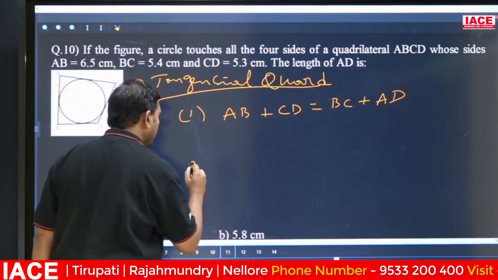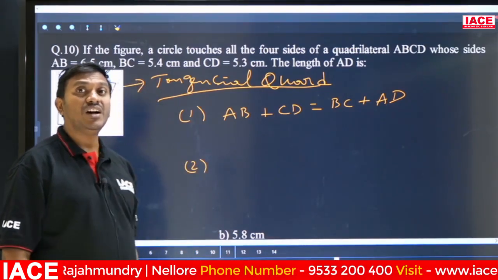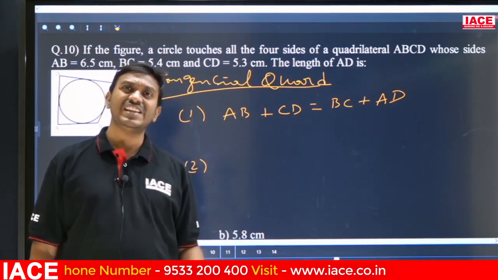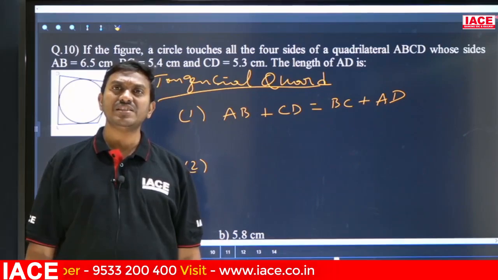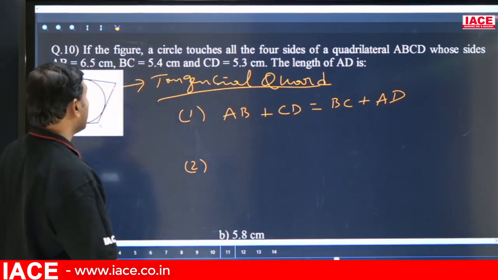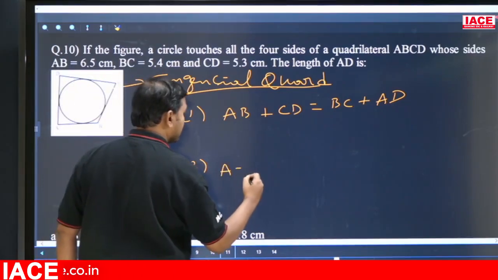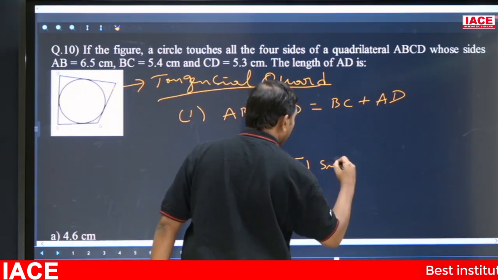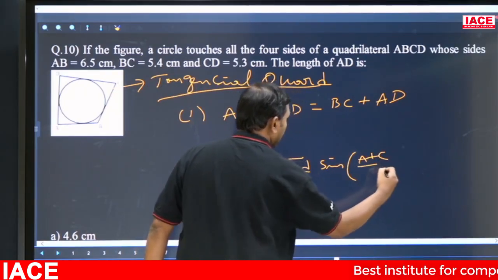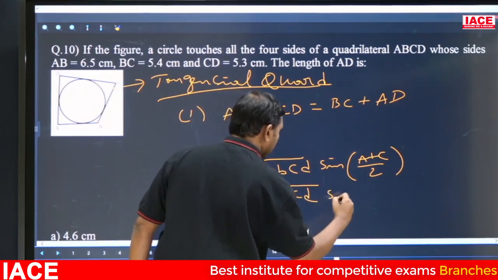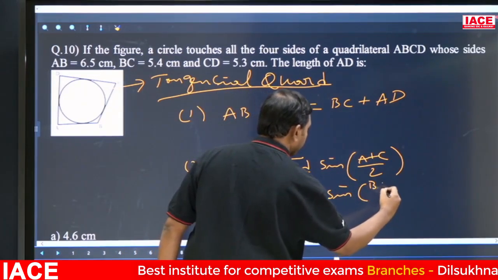Point number 2: area of the tangential quadrilateral. What is the area of a cyclic quadrilateral? Square root of (s minus a)(s minus b)(s minus c)(s minus d), we discussed there. What is the area of a tangential quadrilateral? The area of a tangential quadrilateral is the square root of abcd sin squared of (A plus C)/2, or the square root of abcd sin squared of (B plus D)/2.